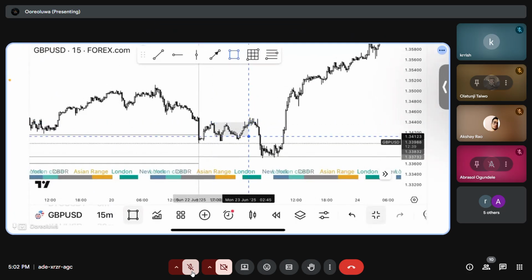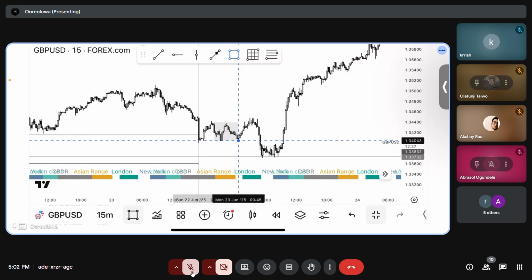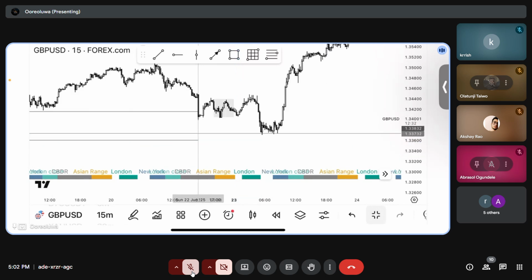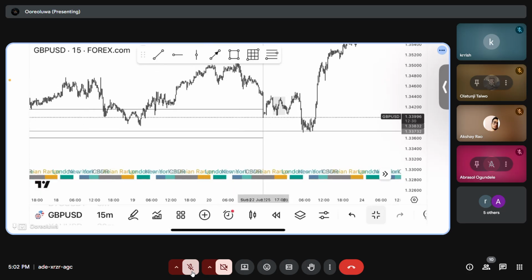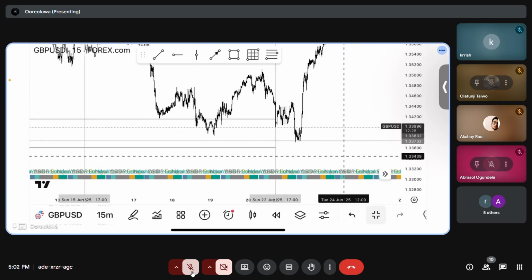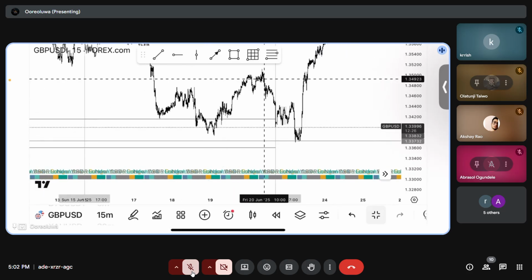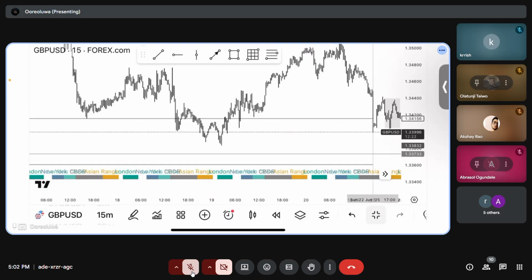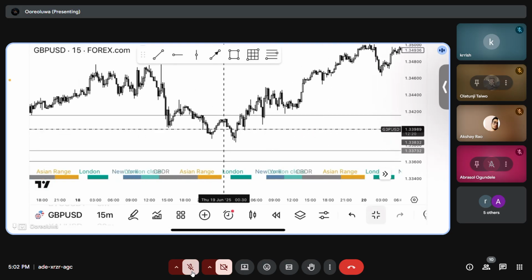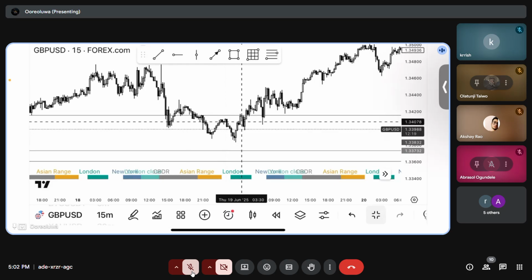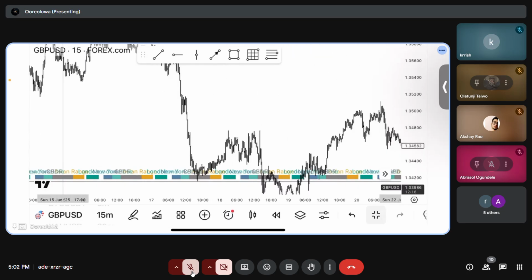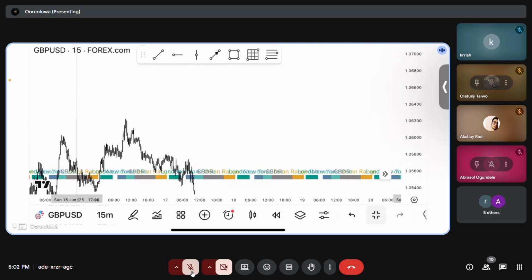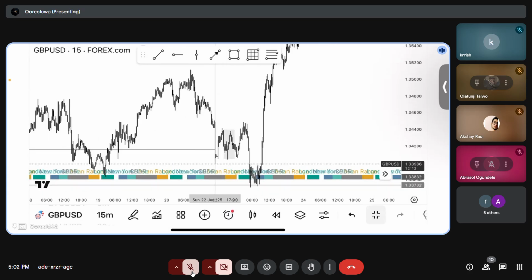This was Asia. The price took out Asia. I would have taken a trade from this point because of Asia also aligning. Every one of those swing points you are seeing, London took out Asia, bounce. Same thing at this point also. SMT with that one. So this one was Monday.